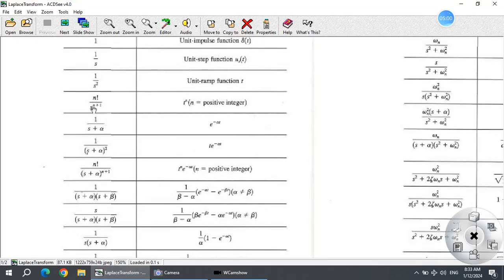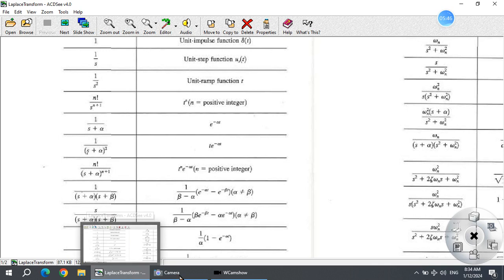You can find the answer directly from the table. Oh, we also have this one, so we can use both. This is t times e to the negative at, then it's 1 over s plus a squared. We did this one. You can also use this for n equal to 1. This one is more generalized. Here, no u of t in the table, you see? But you can use it because, as I explained, u of t is just 1 for positive t. So this is one example.